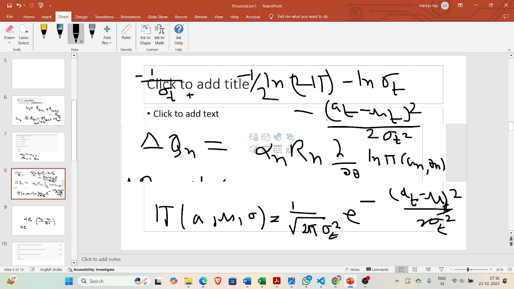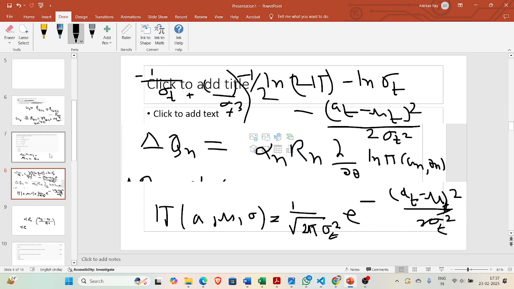Minus 2 will come forward, so the 2 cancels, and this becomes sigma t cube, and the upper portion remains the same. So this is what we are getting.